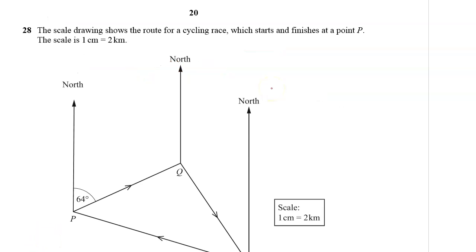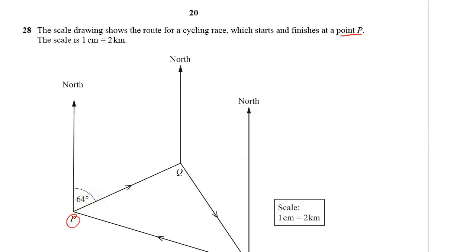Last question, 28. The scale drawing shows the route for a cycling race, which starts and finishes at point P. I can see point P is right here.